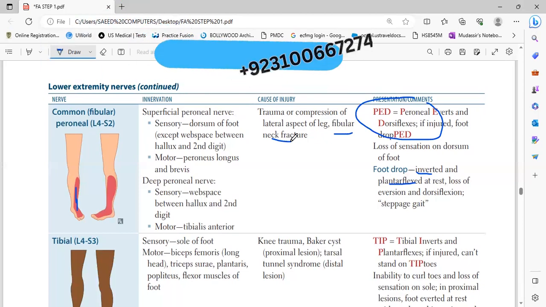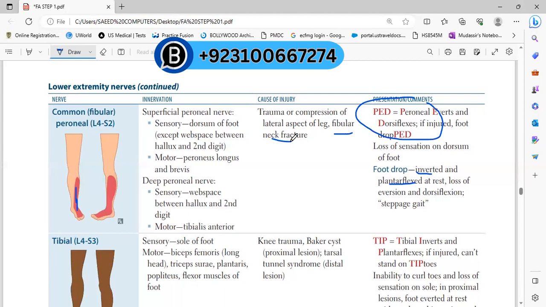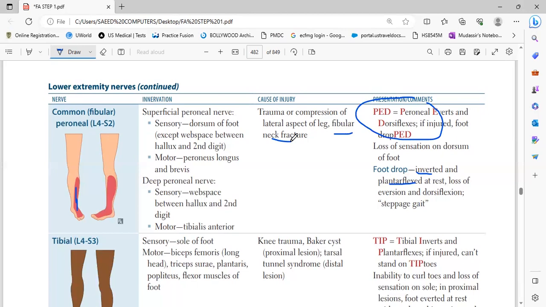The sciatic nerve is present at the posterior side, and at the posterior knee it will divide into the tibial nerve and the fibular nerve.